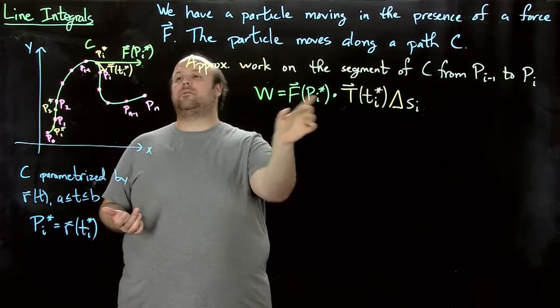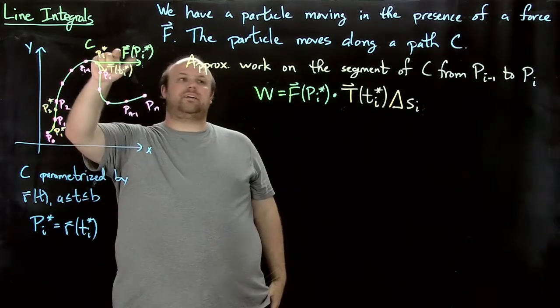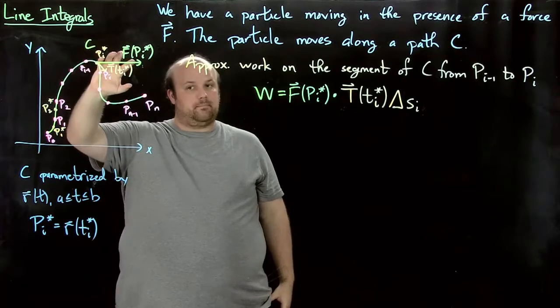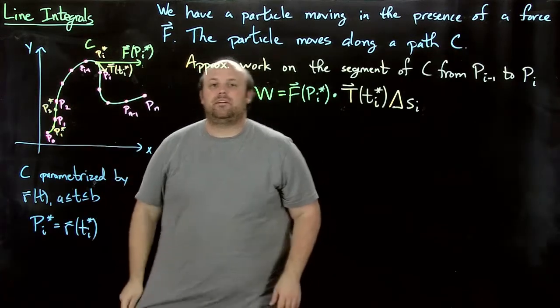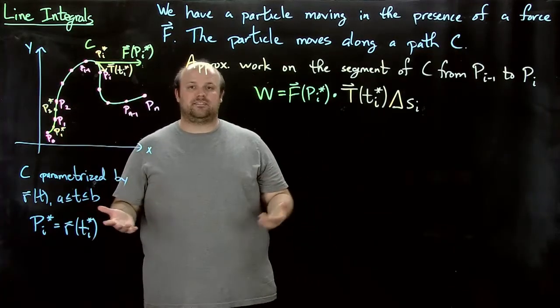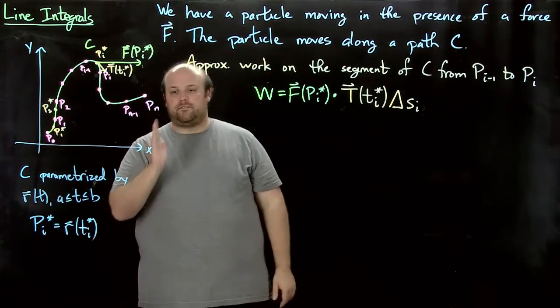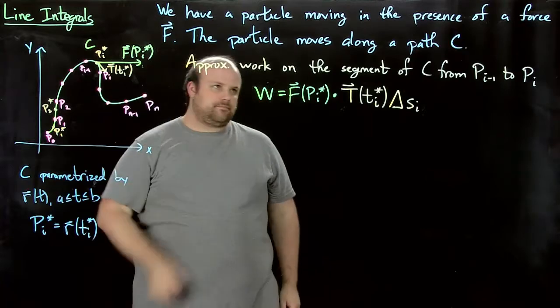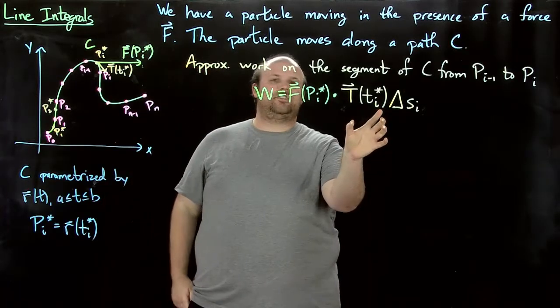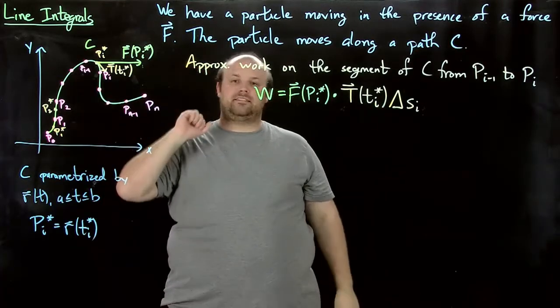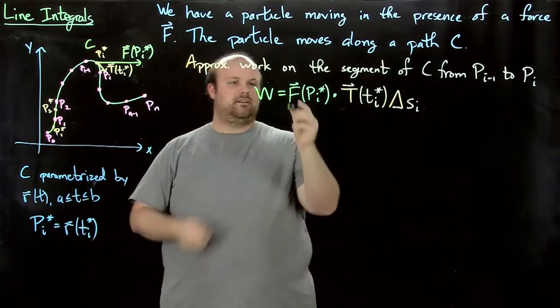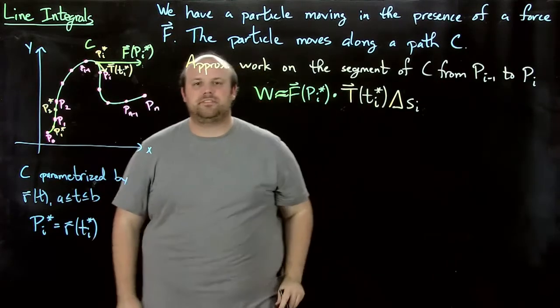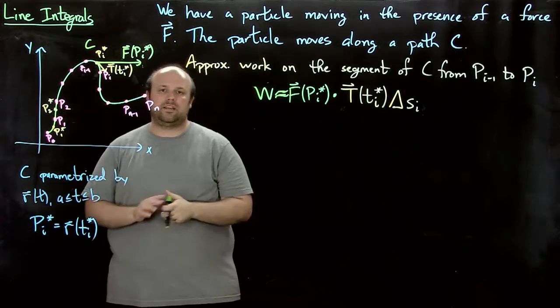And then the force, well, okay, so we have that force acting at that point. And remember, if everything's just a bunch of constants, work is just the dot product of force with displacement, all right? So this is an approximation of the work on that segment. And in fact, let's even make these squiggly equals. All right.